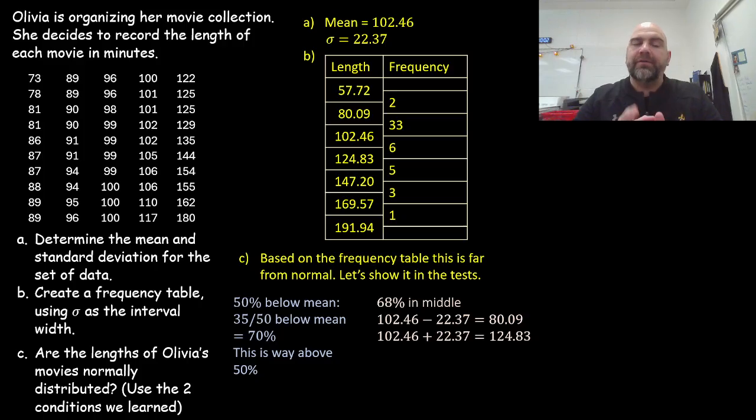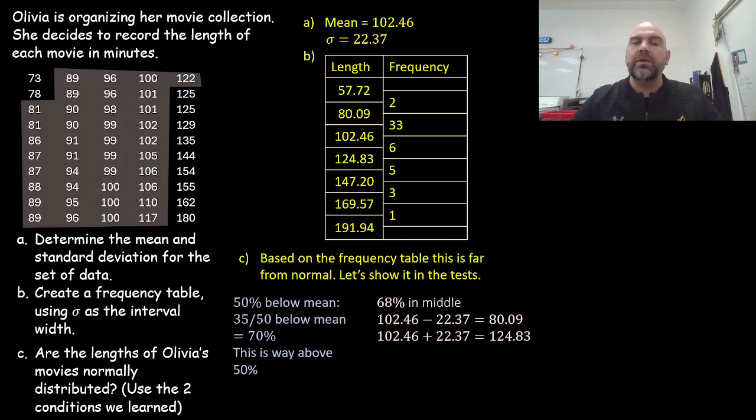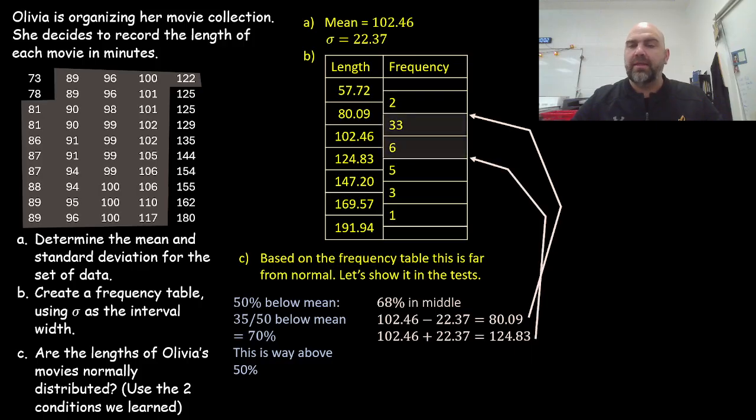If that's too many to count, we can look at the lower number and upper number and realize that the groupings 33 and 6 are going to be between those two standard deviation marks.